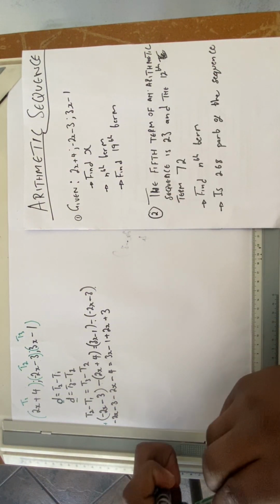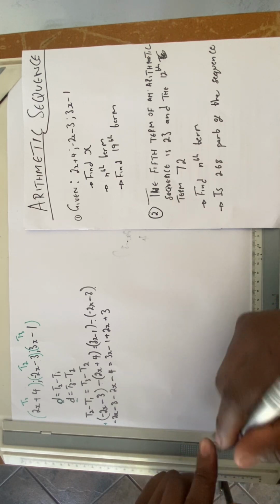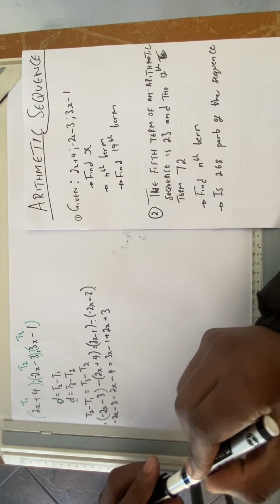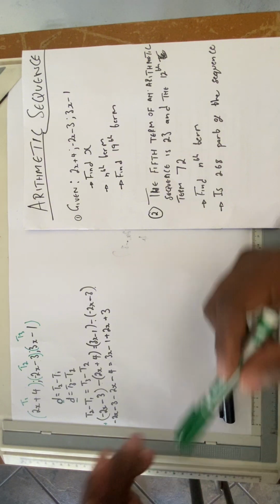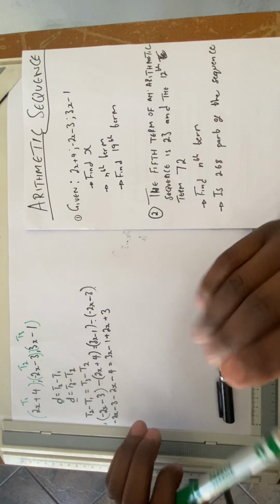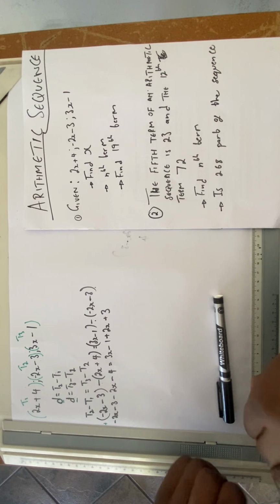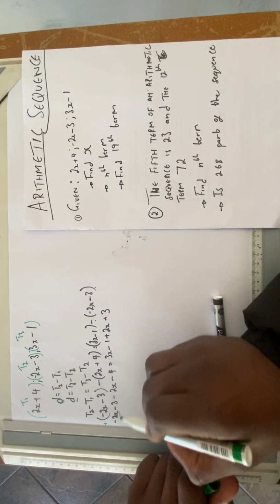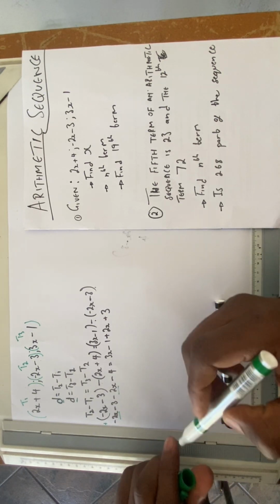Okay, now that this is what I have, I'm going to go further and say, let me collect the like terms on the right hand side and the left hand side separately first, then I will combine them after. So on this side, like terms are going to be negative 2x and negative 2x.